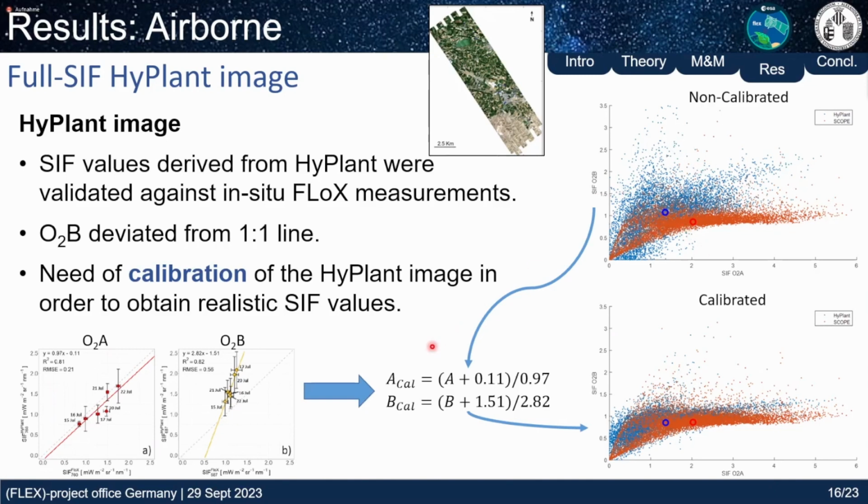When we apply the calibration, all these points that are very dispersed here follow the same distribution as the SCOPE distribution. So it's important to calibrate, because otherwise we will obtain strange values that make no sense for the linear transformation.